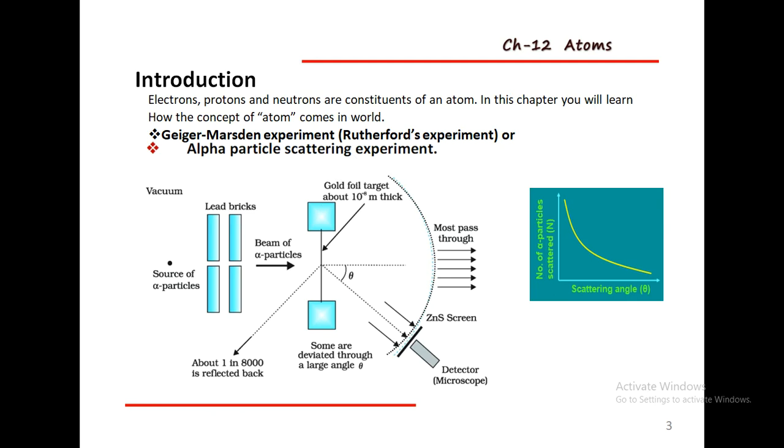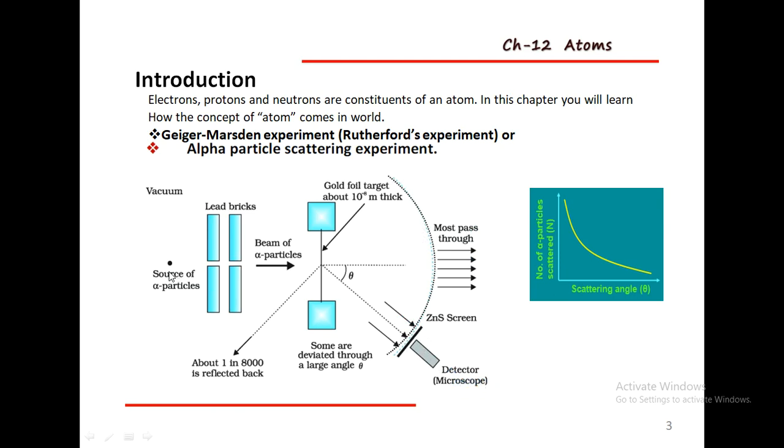After passing through this gold foil, the beam will be scattered in all directions, and some of it will be reflected back. Here they also used a ZnS screen, a zinc sulfide screen, and one detector, that is a microscope.